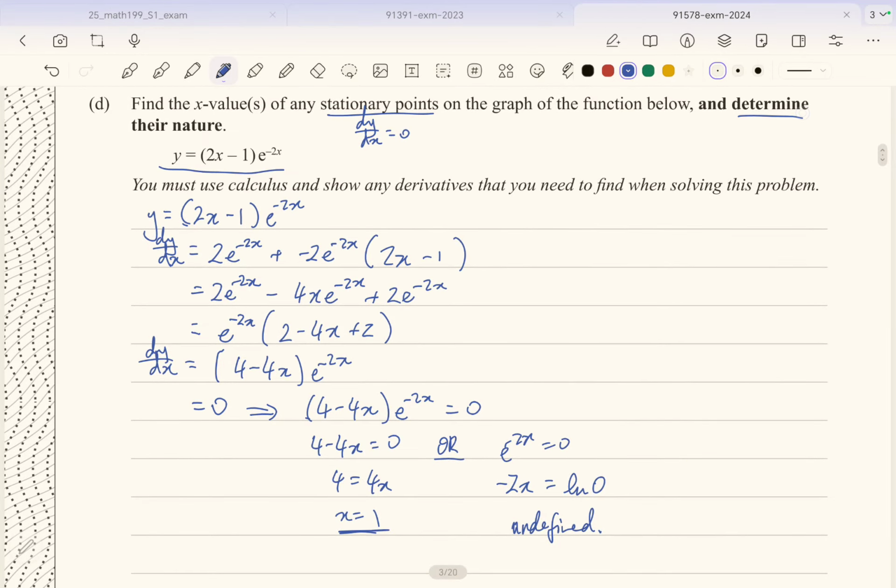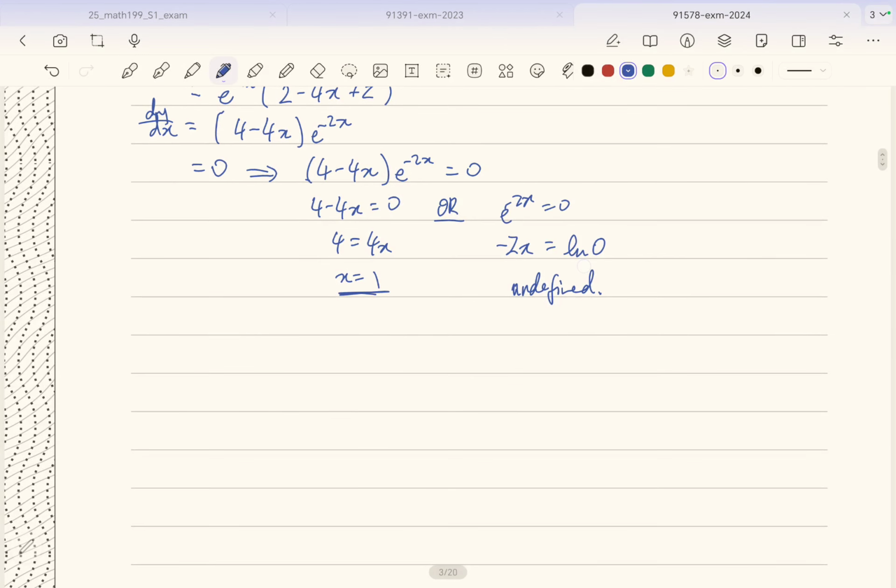Now we're going to determine their nature. So we're trying to find the second derivative, d squared y by dx squared. If dy by dx equals 4 minus 4x times e to the negative 2x, then d squared y by dx squared is again a product rule because of two functions of x.